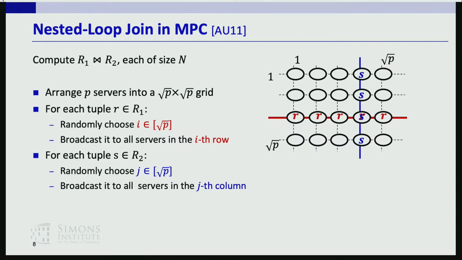And symmetrically, for every tuple from R2, we randomly choose a column and send this tuple to all servers in this column. You can easily check that every pair of tuples will meet on some server, and with high probability, every server will receive roughly n over root P tuples.